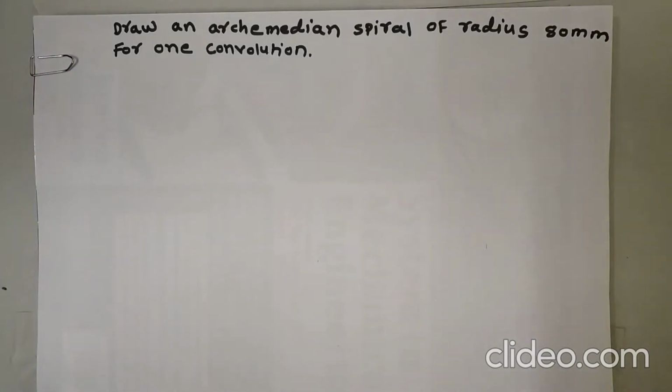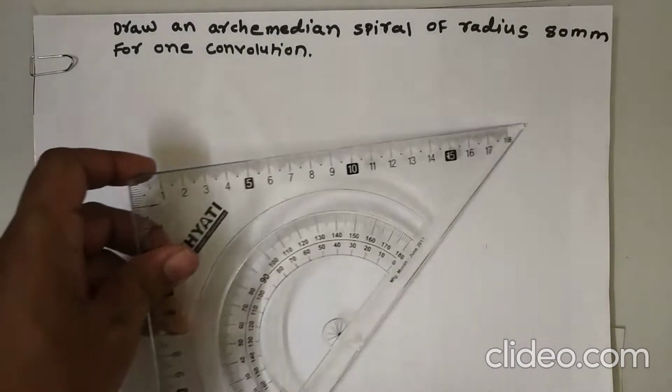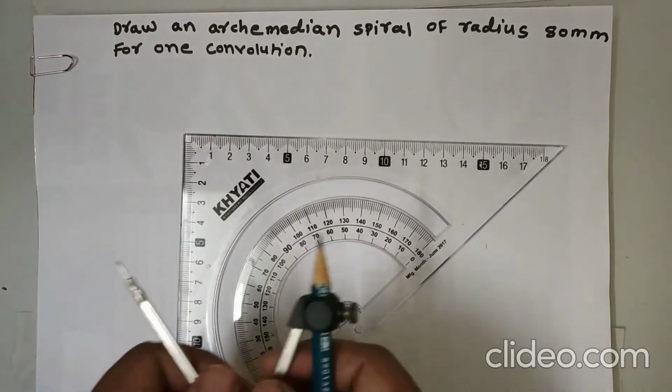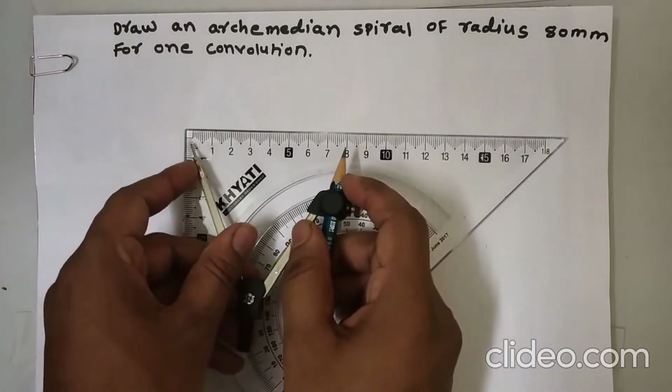In this lecture, we are going to construct an Archimedean spiral, and the problem statement is: draw an Archimedean spiral of radius 80 mm for one convolution. Let's construct the spiral. Initially, we need to take the radius of 80 mm.